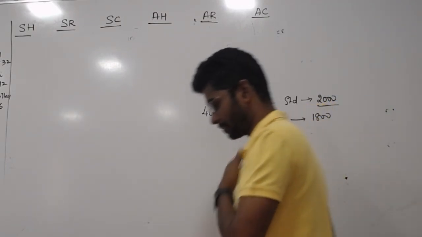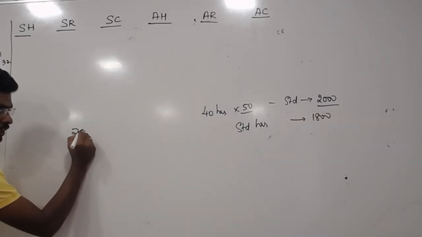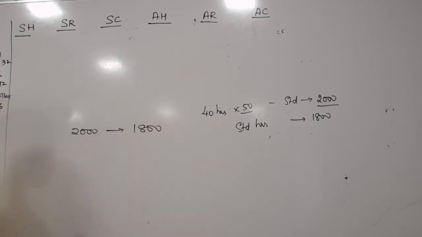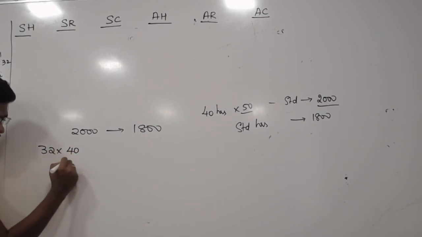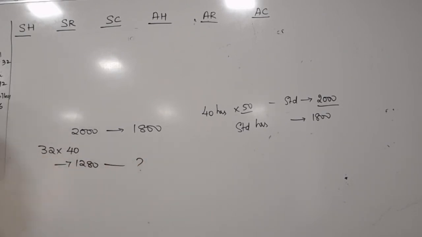See here, if we work for 2000 hours, the standard hours turn out to be 1800. Correct? First employee, they are working for what? 32 into 40, which is what? 1280. Therefore, what should be the standard hours they are producing?